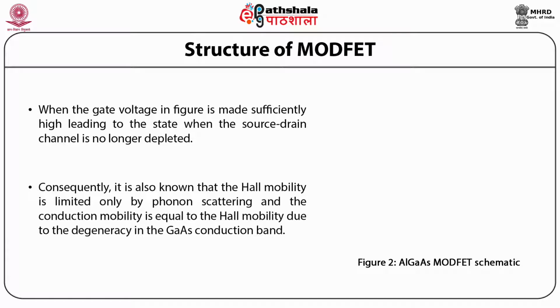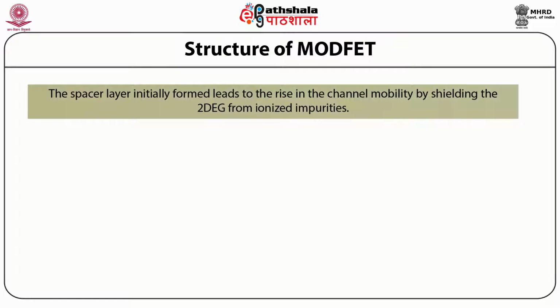Consequently, the Hall mobility is limited only by phonon scattering, and the conduction mobility is equal to the Hall mobility due to degeneracy in the gallium arsenide conduction band. So the spacer layer leads to a rise in the channel mobility by shielding the 2DEG from ionized impurities.